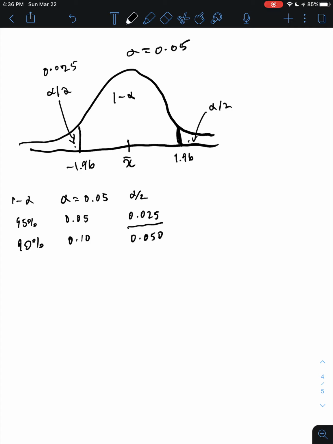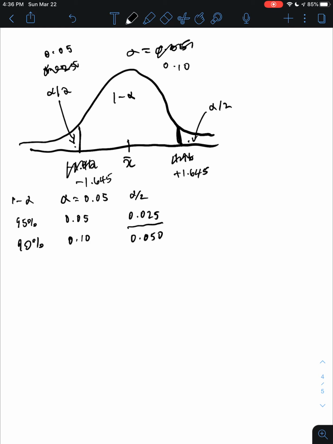It's going to be between negative 1.64 and negative 1.65, so we're just going to average those two. If alpha is 10%, then alpha over 2 is 5%, and the corresponding numbers here are negative 1.645 and, because of symmetry, positive 1.645.